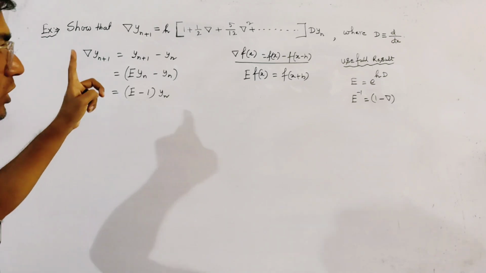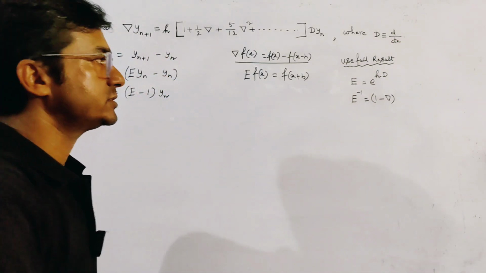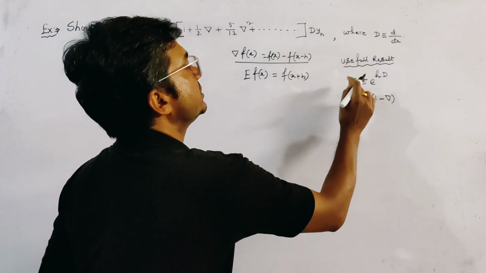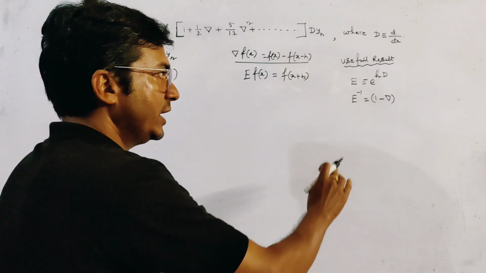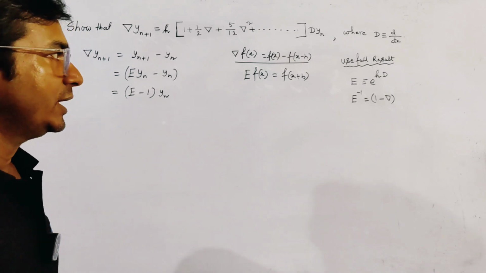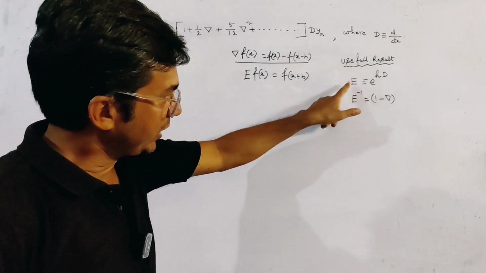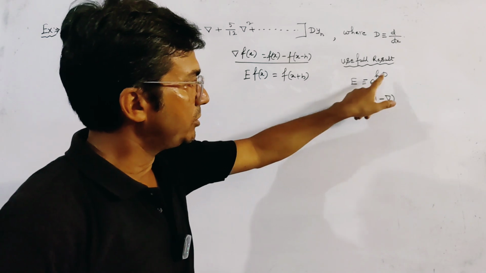Here we use two useful results of relations between operators. This is the relation between the shift operator and the differential operator, and also between the shift operator and the nabla operator. Now put the value of E, which is e to the power hD.